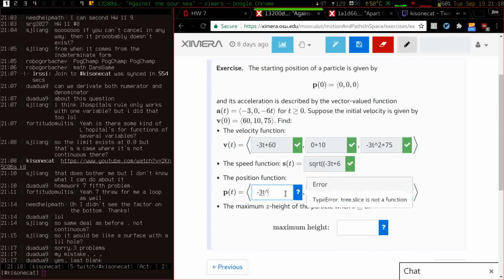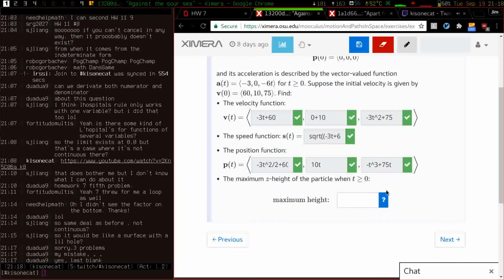So I'll write minus t squared over 2 plus 60t, and I'm told that the position at time 0 is 0, so that looks good. Here the velocity is 10, so 10t, and then here I'll write minus t cubed plus 75t in order to get the position.